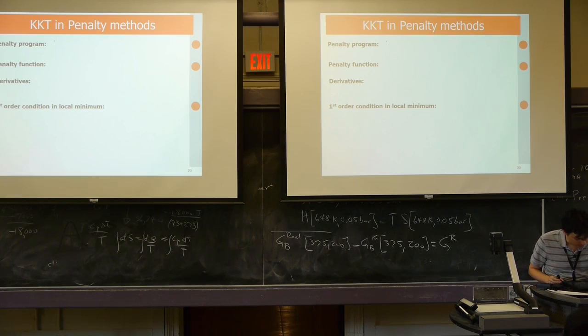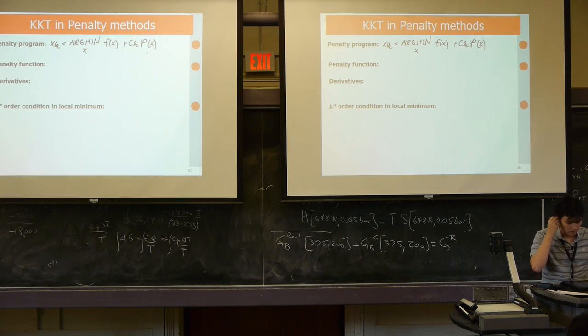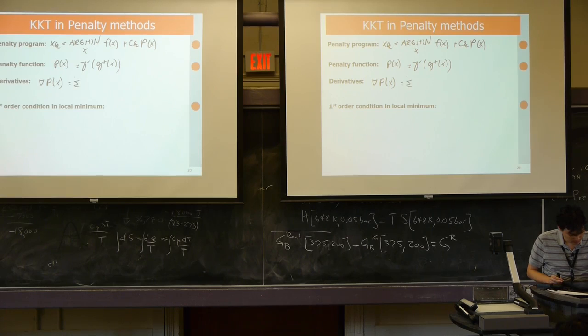So our penalty program is this, as we discussed, and we choose the penalty function to be gamma of g plus x. And now we know that the gradient of px is, we have m constraints.